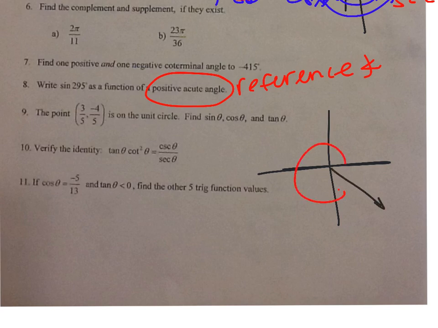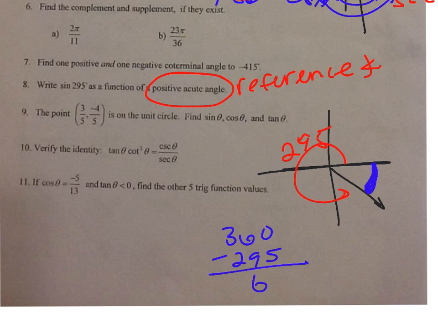So here's 295 degrees. So I want the reference angle. Remember, the reference angle is the angle formed with the terminal side and the x-axis. So this is my reference angle here. So I would get that by doing 360 minus 295, which comes out to be 65. Okay, so this angle here is 65 degrees.